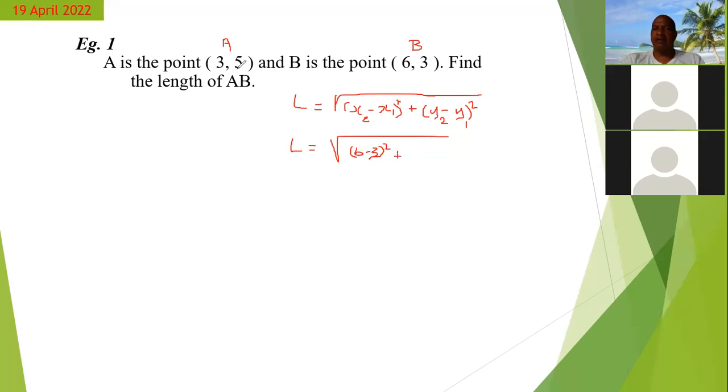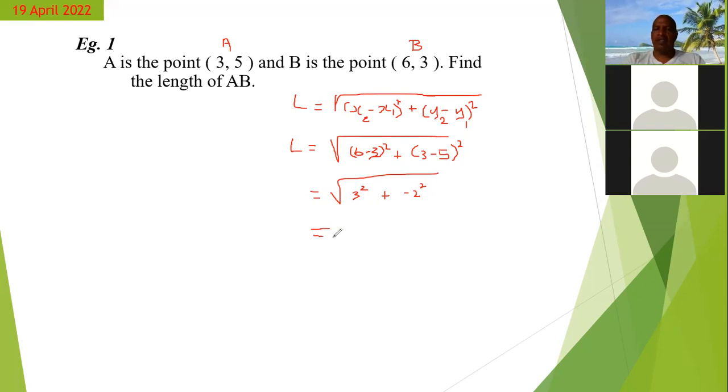Now we're going to take away 5 from 3. So we'll have 3 minus 5 all squared. All right, so 6 minus 3 will give you 3, and then you're going to square that. And then 3 minus 5 will give you minus 2, and then you're going to square that.